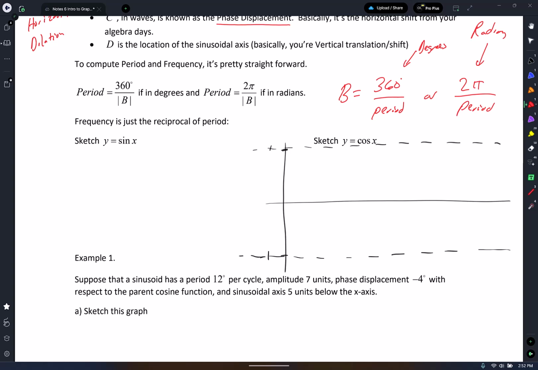We're going to go in degrees. I'm going to call this 0 degrees. Then a little distance, 90 degrees, and then try to go the same gap: 180, then 270, and then 360.